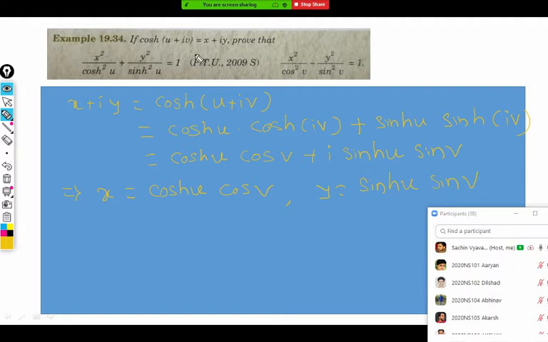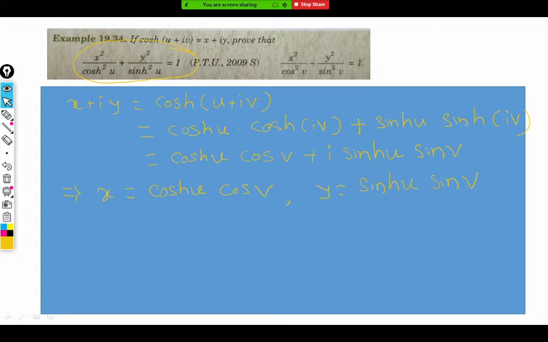Now we want these results. How can we prove it? How to get the required results here? Obviously, you will observe if we can convert this in terms of x upon cos hyperbolic u.